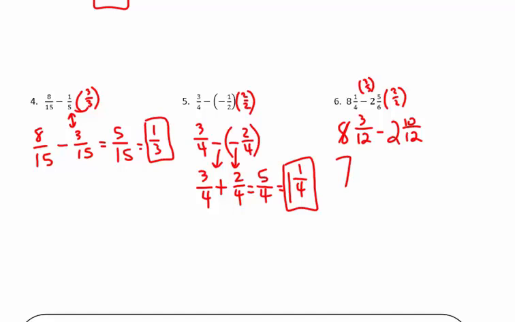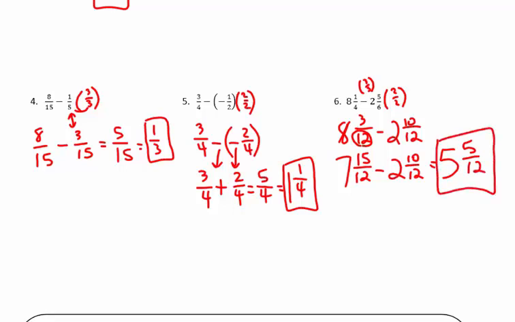And I borrow 12 pieces because that's 1 whole. And now I have 12 plus the 3 I have is 15/12, minus 2 and 10/12. Subtract the whole numbers is 5. Subtract the numerators is 5, and I keep the denominator the same, so it's 5 and 5/12. So we're using what you learned last year about fractions and the rules of integers that we learned this year together.